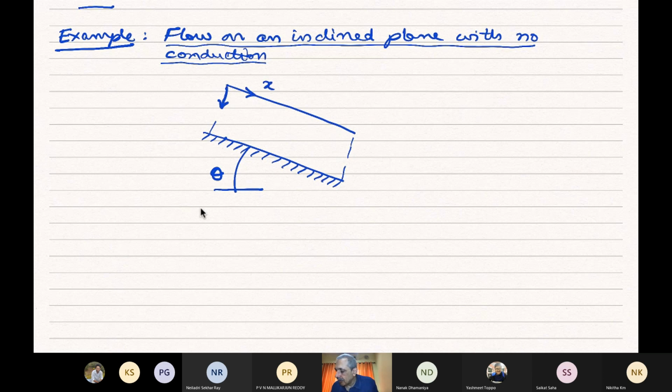And let's take this coordinate system where y is the distance from the free surface. Let's suppose that gravity is acting in the downward direction like this. And what we expect now is a flow something like this in this system, a nice unidirectional flow.